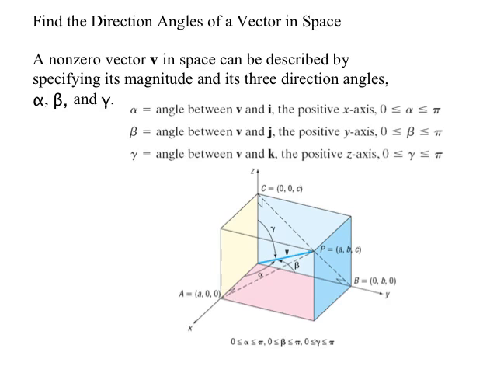And then beta is the angle between v and the positive y-axis, and gamma is the angle between v and the positive z-axis. And that tells you where the vector is, or where its direction is, in space.